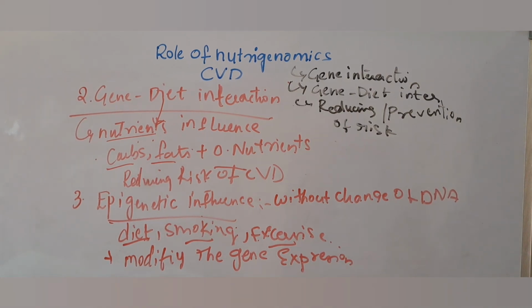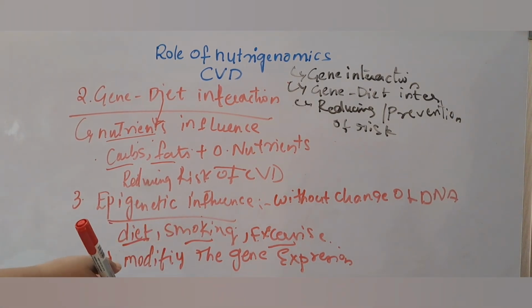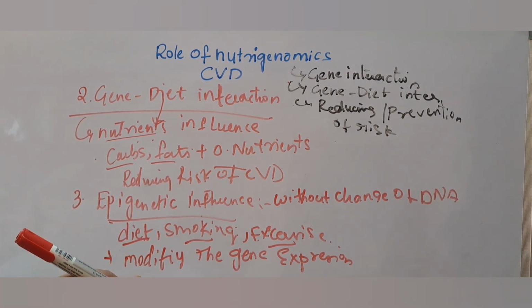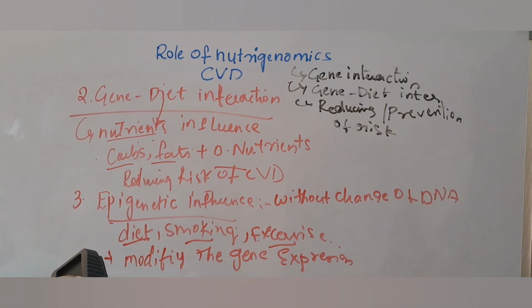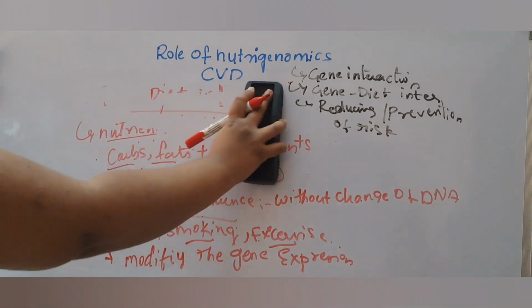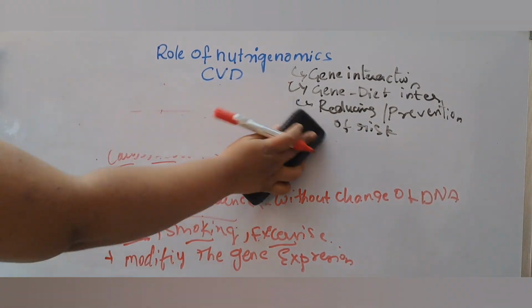So like this we have three parts, and another one is called genetic variation and cholesterol. That is the fourth one.